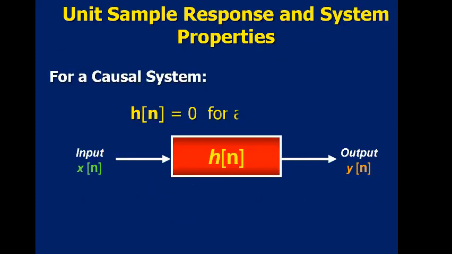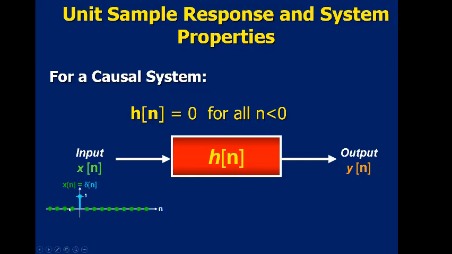Okay, a few things I can learn from this unit sample sequence. First of all, I can tell if a system is causal or not by looking at its difference equation or by looking at its unit sample response. If I'm looking at the unit sample response, I'm looking for the characteristic that all the sample values of the unit sample response have to be 0 for all indices less than 0, for all negative time indices.